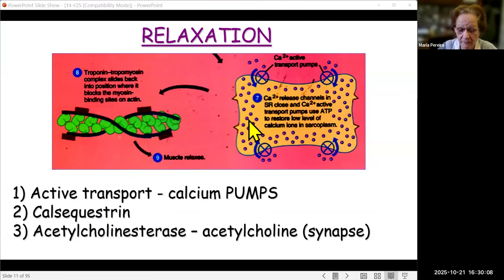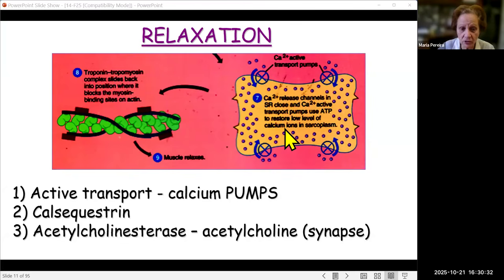So you have calcium coming in to the sarcoplasmic reticulum, binds to calsequestrin. So that's why there's so much calcium inside the sarcoplasmic reticulum, because it can bind to calsequestrin. Okay, so that step is taken care of by the calcium pumps and the calsequestrin.